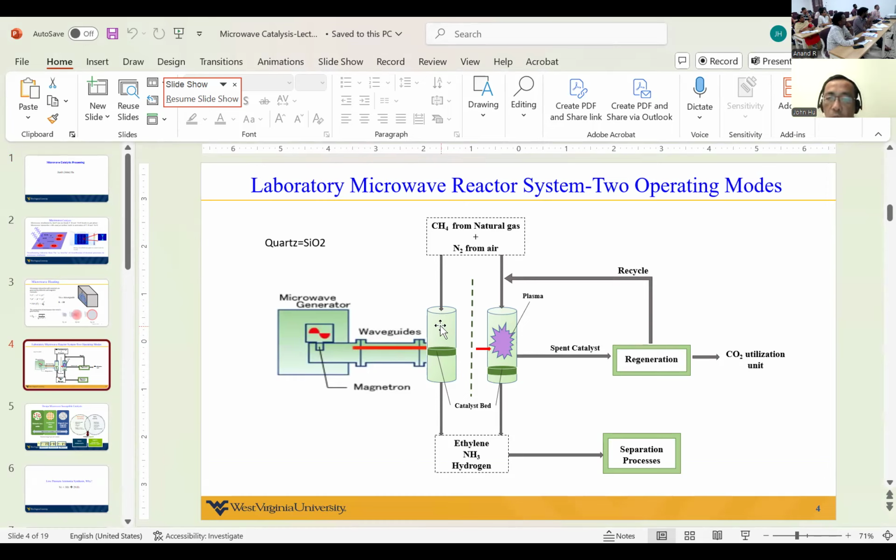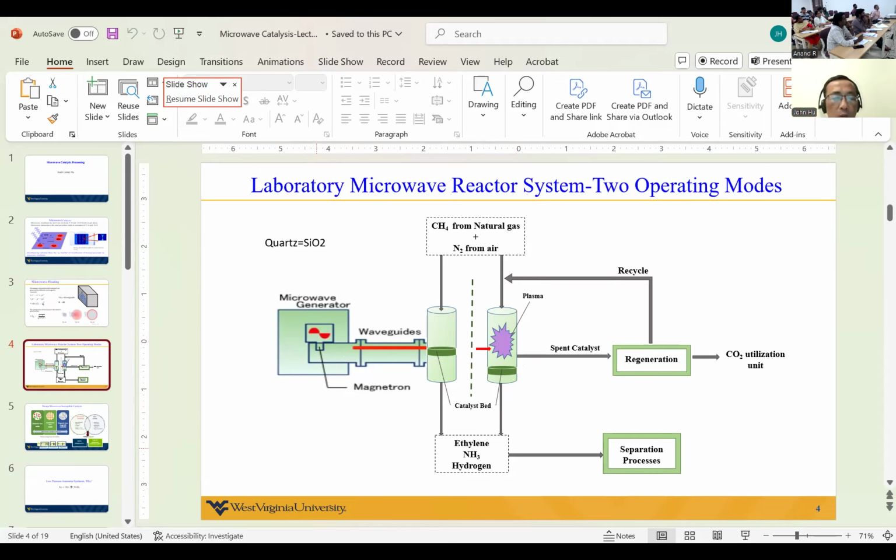They are neutral, stable molecules that interact with the catalyst. But that catalyst has already been activated by the microwave, and then induces the reaction. In the second scenario, with the same microwave, if you increase the power, the species become a plasma and then react with the catalyst. You can operate the microwave in different scenarios.